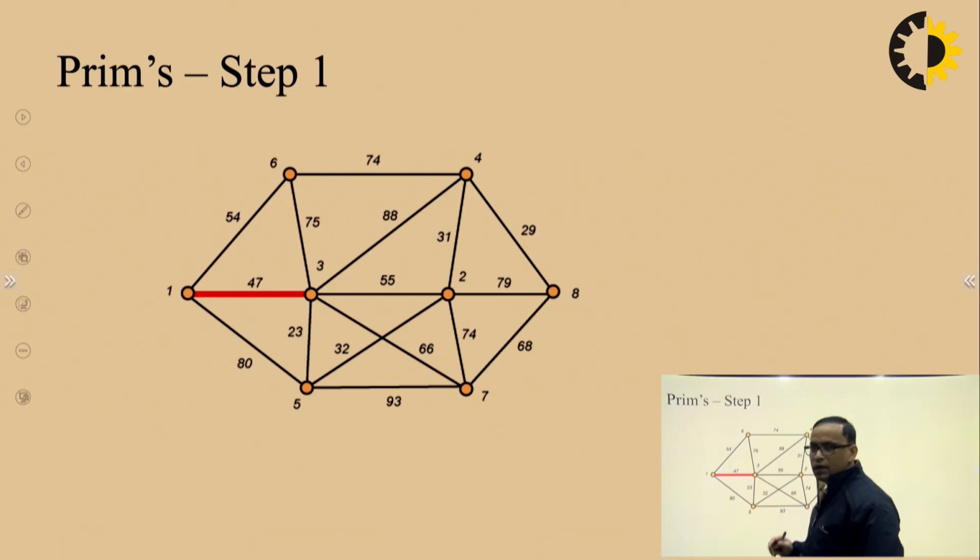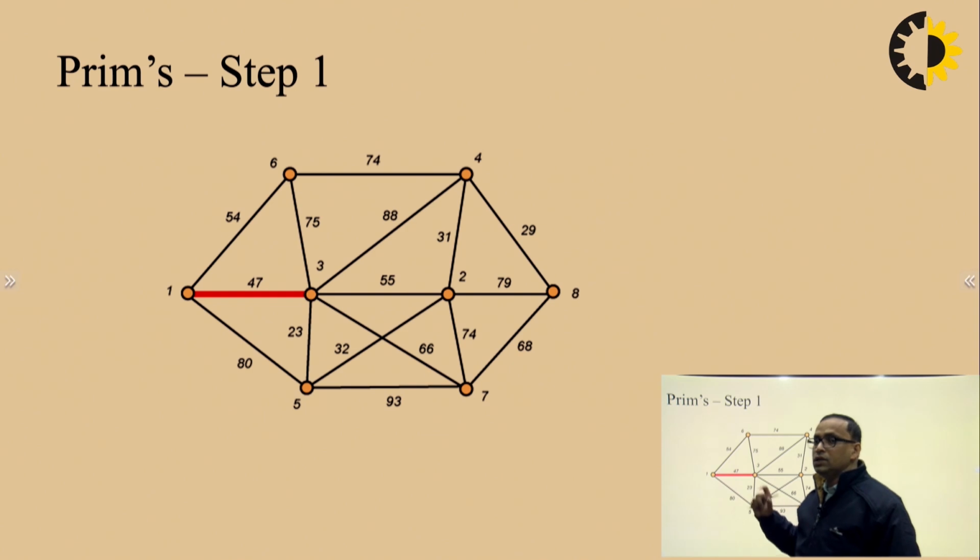Next again. Now 2 vertices are there in the minimum spanning tree: vertex 1 and vertex 3. Now we will find the adjacent of vertex 3. Adjacent of vertex 3 are 1, 6, 5, 4, 2 and 7. 1 is already in the minimum spanning tree. Among the edges, 54 and 80 are remaining, and the new edges are 75, 88, 55 and 23, and 66.